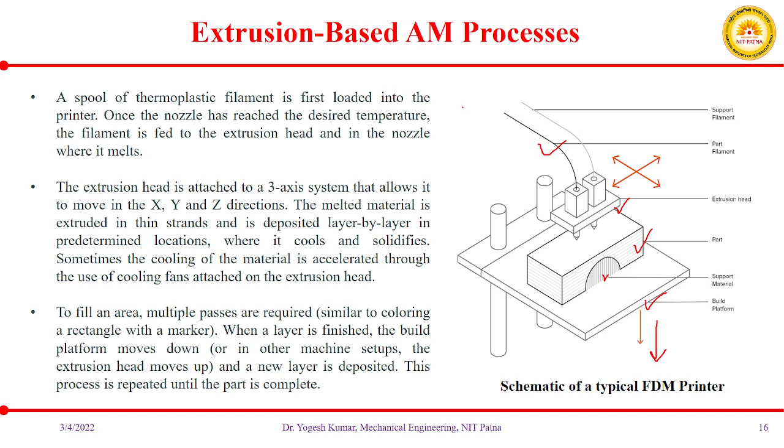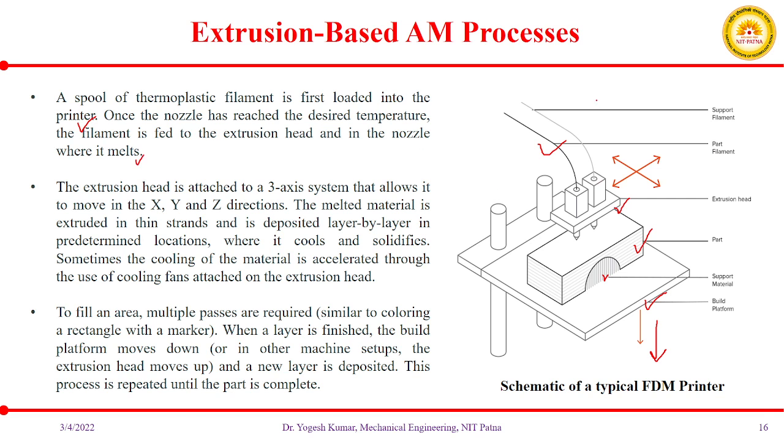In the case of an extrusion-based or FDM printer, a spool of thermoplastic filament is first loaded onto the printer. Once the nozzle has reached the desired temperature, the filament is fed to the extrusion head and the nozzle, where it melts.